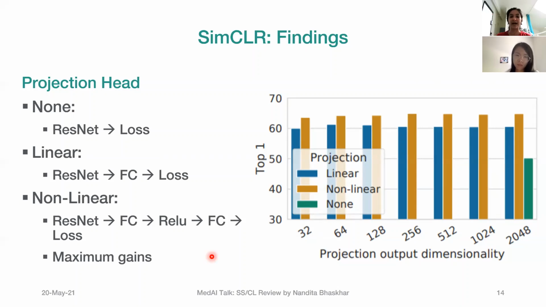And from a higher level, this projection head is basically just changing the dimensionality of the representation that you get from the encoder. And these papers typically use the ResNet backbone. So the dimensions are around 2048 or 1024. So when you want to get a lower dimension, the projection head is actually pretty useful.